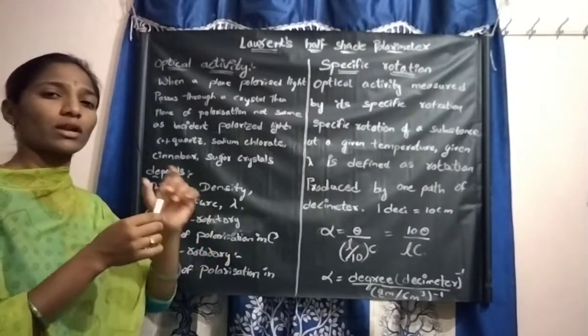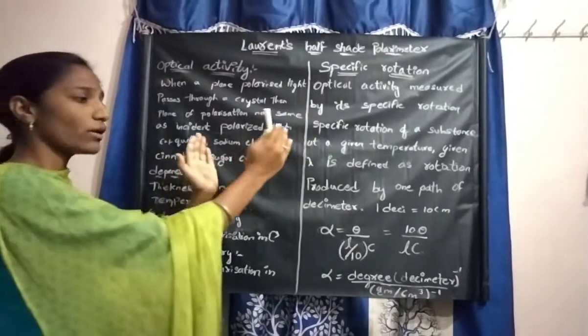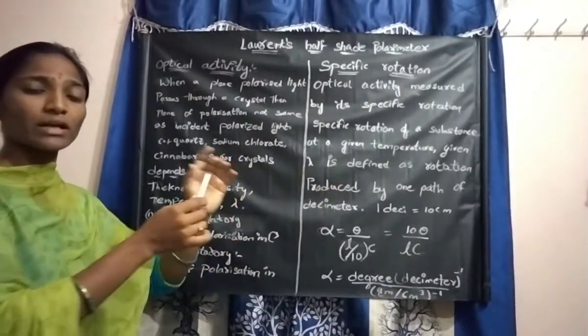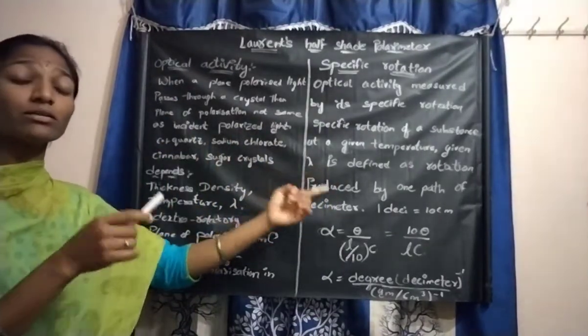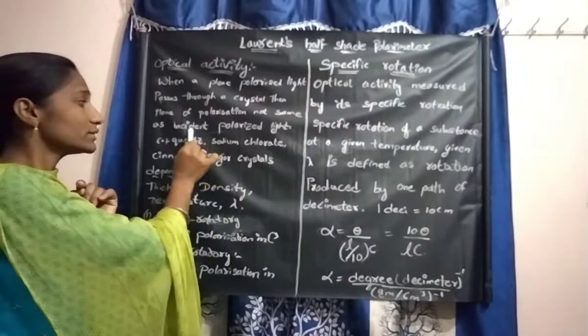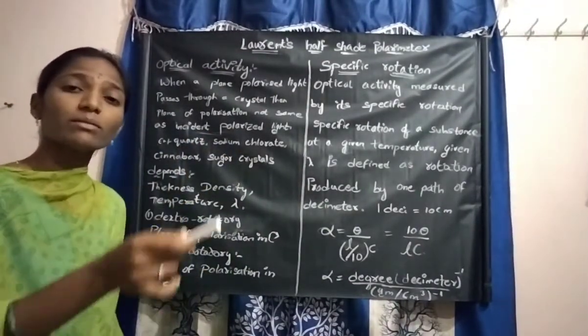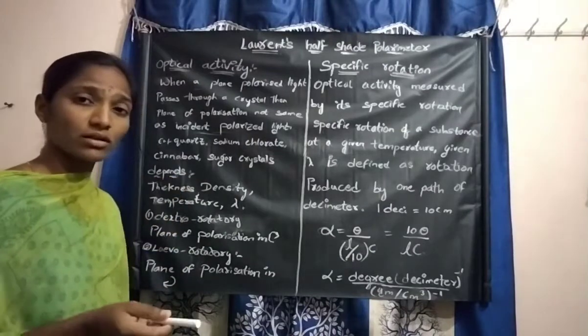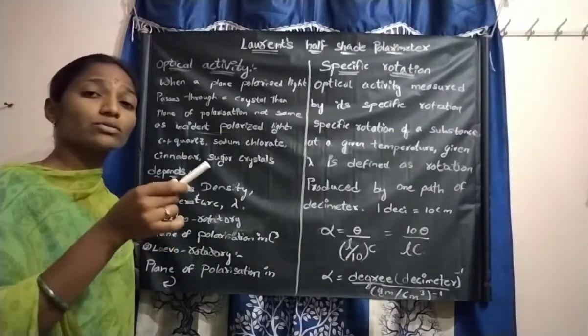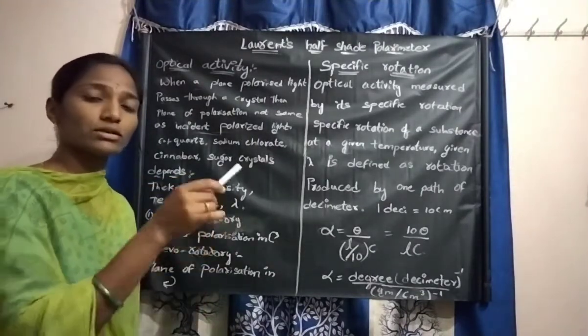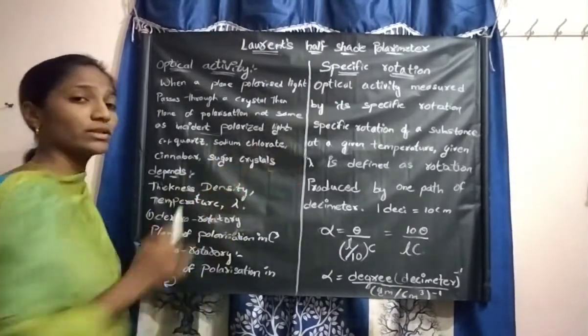When a polarized light is incident on a crystal, then the plane of polarization will be different from the incident polarized light. This phenomenon exhibited by some special crystals, known as optically active substances, is called optical activity.